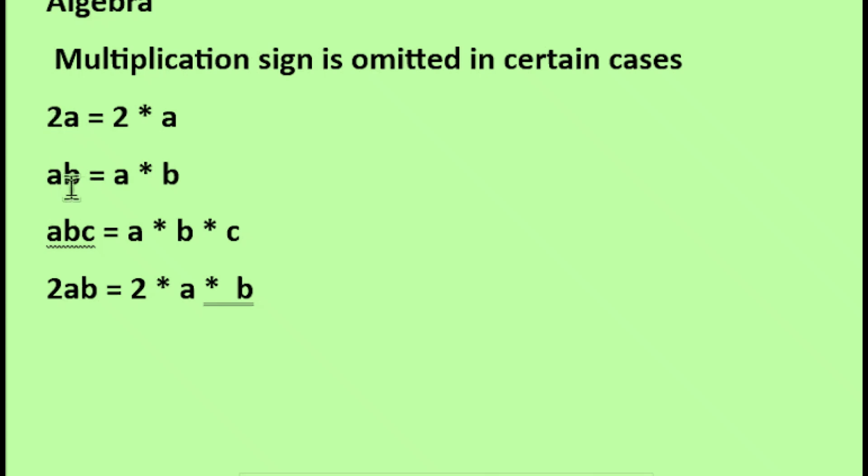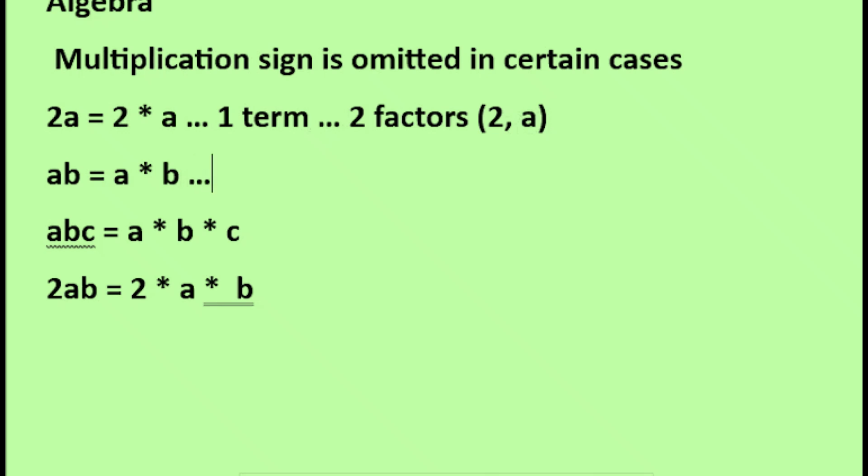Now when you write ABC, each is called a factor. So 2a is 1 term, not 2 terms, but it has 2 factors: 1 factor is 2 and 1 factor is a. Factors means what you are multiplying to get it. You are multiplying 2 and a, so 2 is a factor, a is a factor.